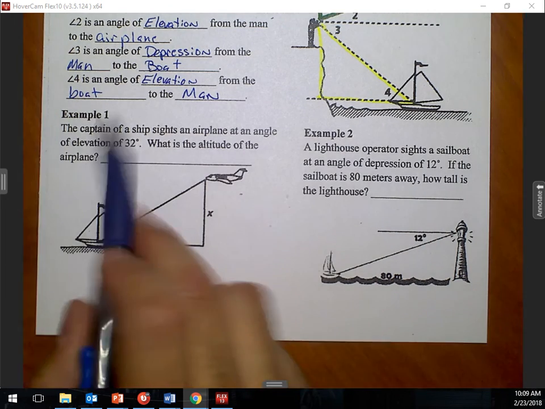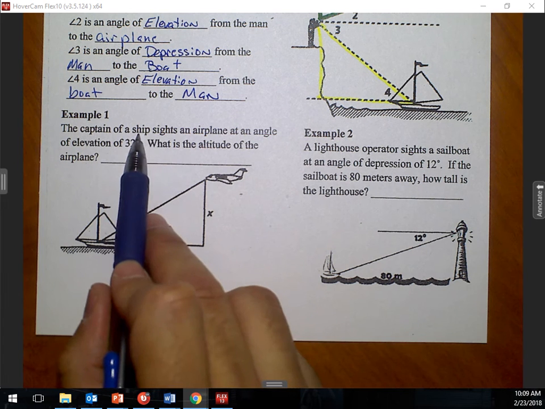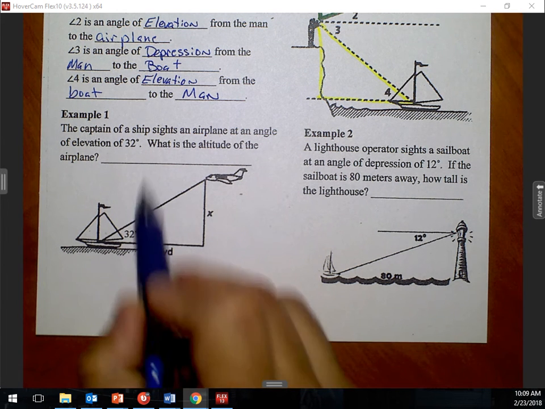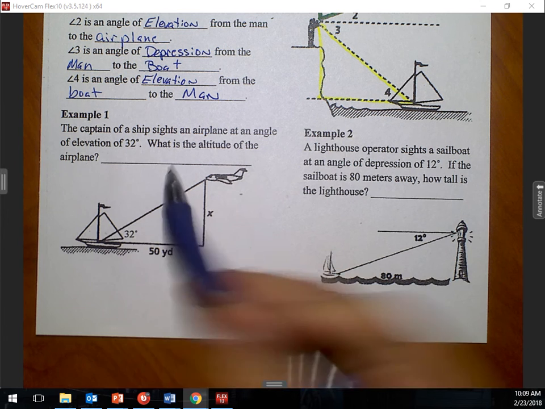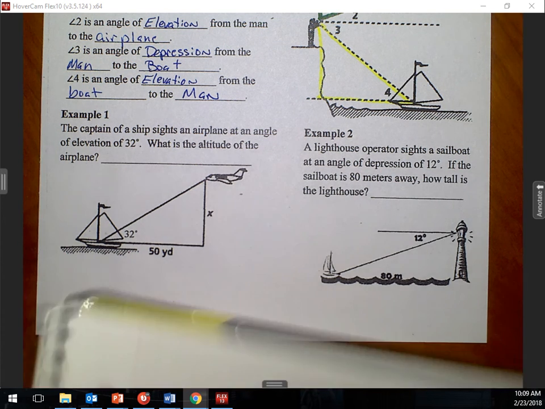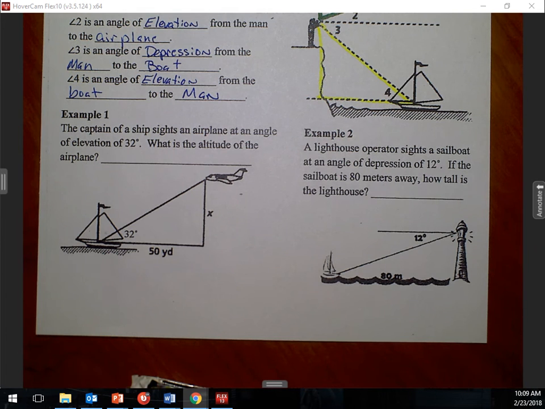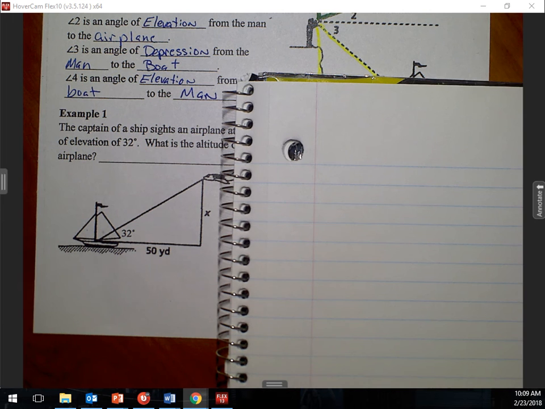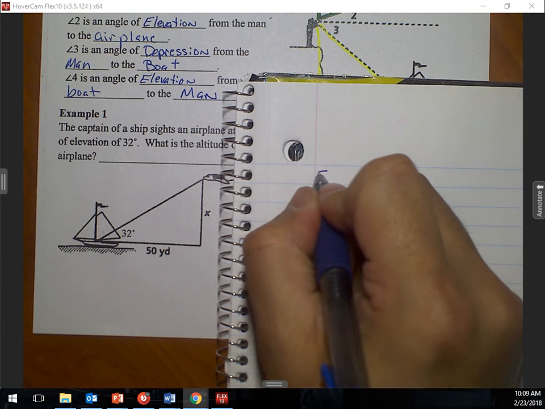Example 1. The captain of the ship sights an airplane at an angle of elevation 32 degrees. What is the altitude of the plane? Altitude, they even drew it in right here. So let's take a look. Given my angle of elevation, I'm going to do my work down here on the bottom because there's not much work here. On the under page, let's label it example 1.